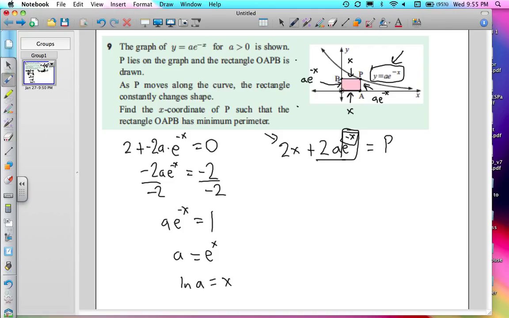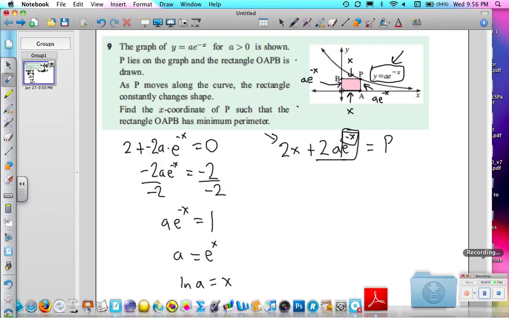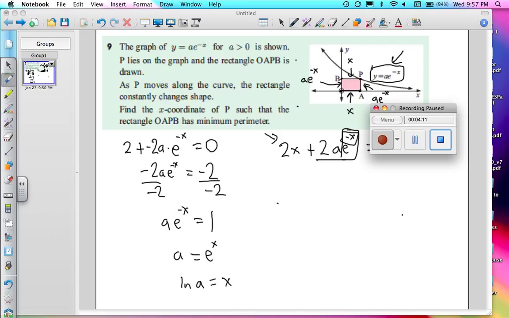Okay? Is that the maximum or the minimum? Well, then I'm going to have to think for a little bit. Okay. Alright, so yes, natural log of a is what x is equal to.